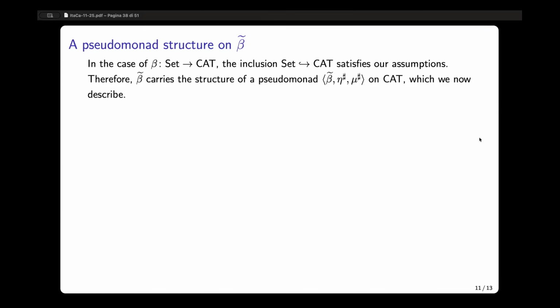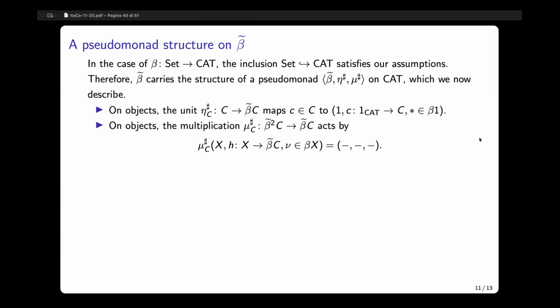So we can define concretely the structure of a pseudomonad on beta tilde, where on objects, the unit simply maps each object of C to the singleton of C with the unique ultrafilter on the one-element set.